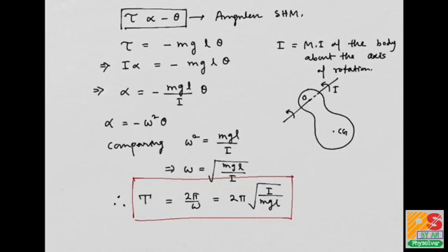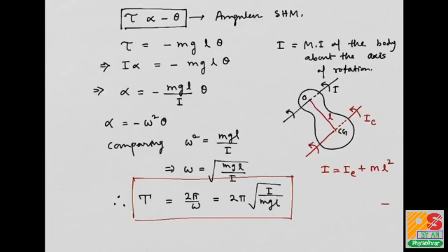Now I will come to each and every part. What is I? I is the moment of inertia of the body about the axis of rotation, and we know from the parallel axis theorem that if the moment of inertia of the body about an axis passing through its center of mass or center of gravity is I c, and L is the distance between the two axes, then you can write I equals I c plus mL square, right?